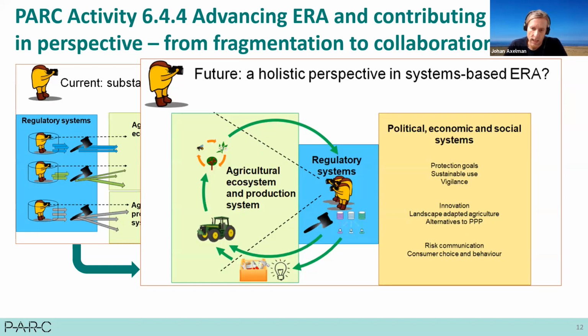Another very important aspect here is the feedback loop, which is one of the core aspects that we are addressing in this activity 6.4.4, and that we continuously learn from our decisions by linking the retrospective or monitoring of the environment into our prospective assessments.